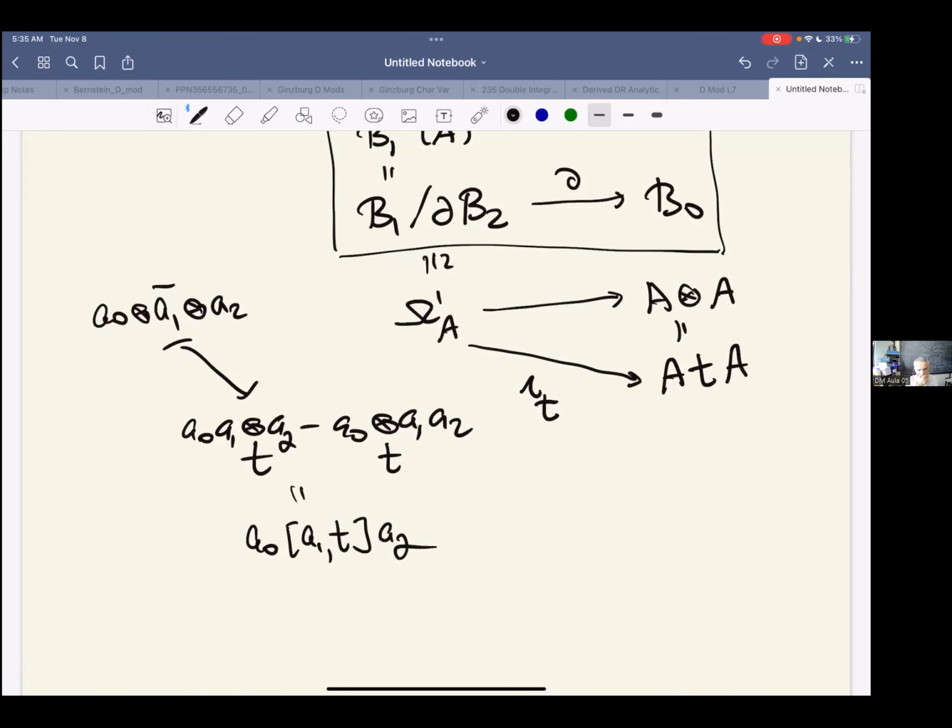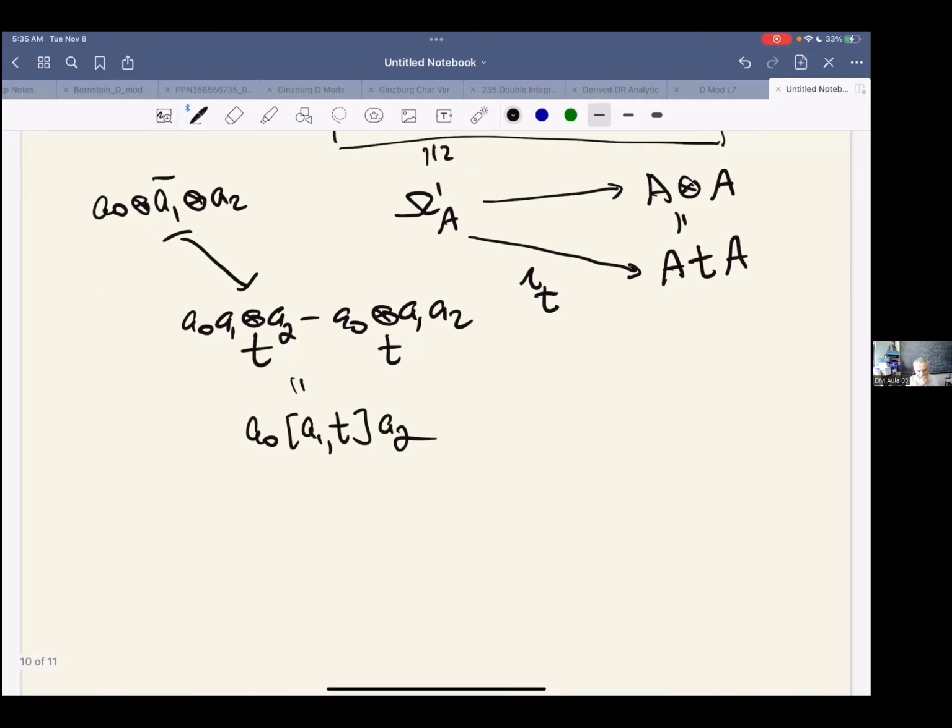Okay. So I have this short resolution. It's no resolution at all, of course, apart from free or quasi-free algebras.